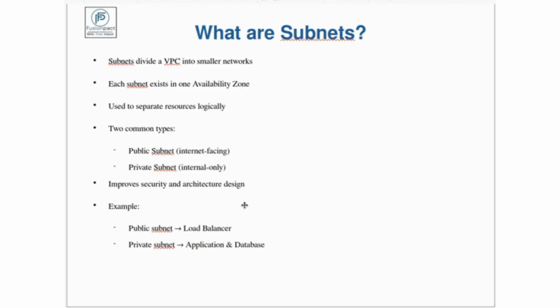To calculate the number of IPs, we have a basic formula: 2 to the power of the number of host bits, minus 2, because 2 IPs are reserved per CIDR block. The first is for the network, and the last IP is reserved for broadcasting messages, like if we want to ping all the IPs in that CIDR block, we can use that IP.